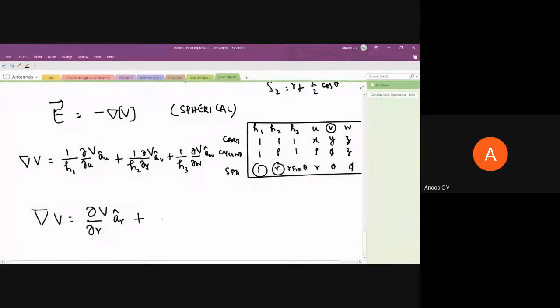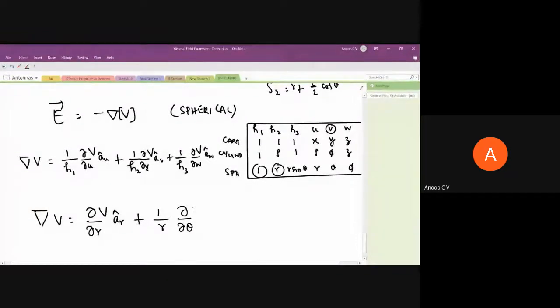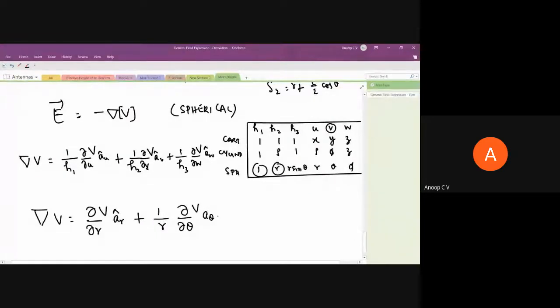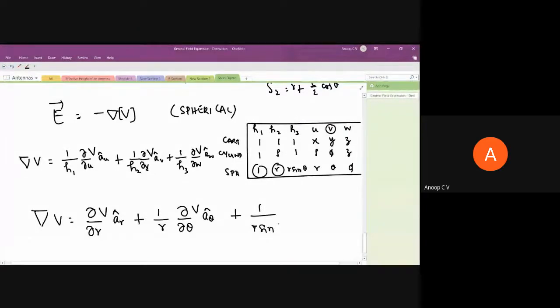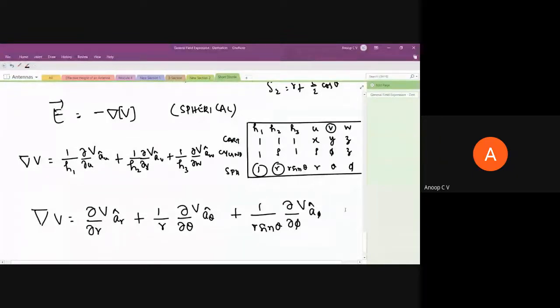H2 is R, so it is 1 by R dou by dou theta of V along a theta cap, plus 1 by R sine theta dou by dou phi of V along a phi cap.